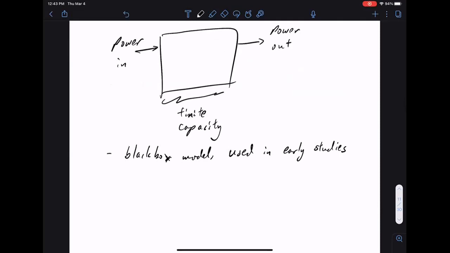Actually, it may not be that early. About 20 years ago, you'll see a lot of studies saying integration of storage is basically a box. Storage is a box. Once we made a lot of studies with this kind of storage, we figured out that battery storage actually does not look like this. Battery storage simply is not an ideal box.